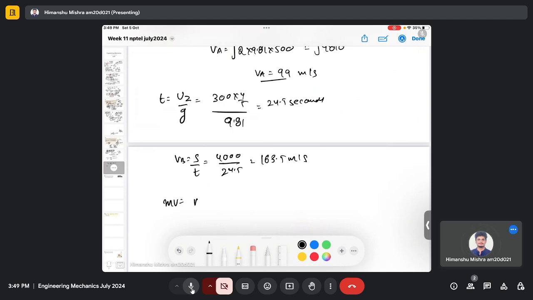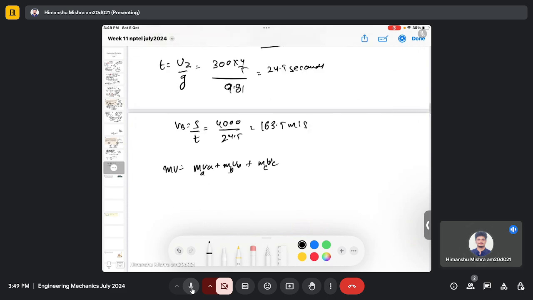mv equals mva plus mvb plus mvc. So the initial mass is 20 kg and v is 3 by 5 v, and v is 300 multiplied by 3 by 5. Now ma is 5 and it is in the z direction, and this is in the i direction.